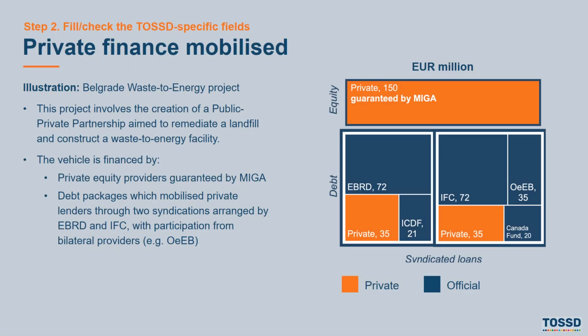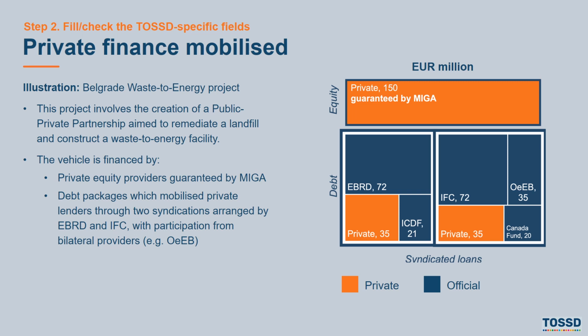This slide presents an illustration of a project in the area of private finance mobilized. The Belgrade Waste-to-Energy project involves the creation of a public-private partnership aimed to remediate a landfill and construct a waste-to-energy facility.